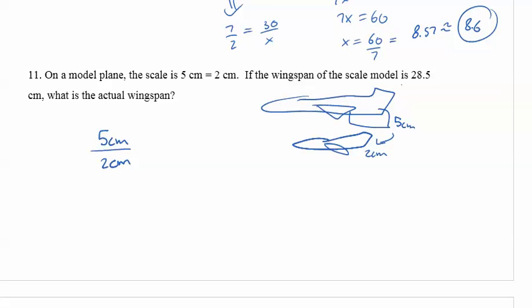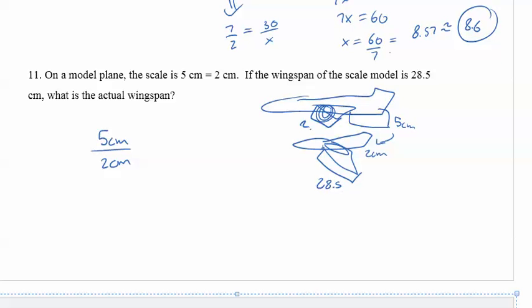If the wingspan of the scale model is 28.5, so the scale model is right here. The scale model is the smaller one because that's what they're using to model. Let's make the wing a bit bigger to see. If the wingspan is 28.5, what is the actual one? What is the wingspan of the actual airplane?